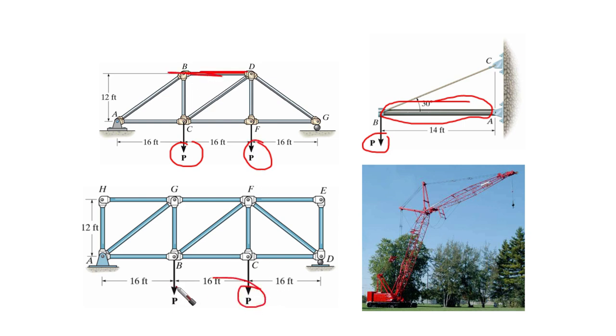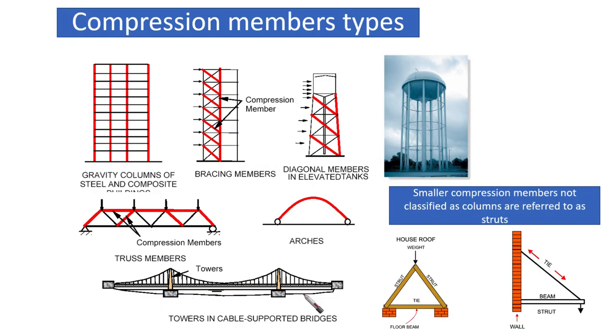Similarly, as we said in the previous slide, if we have loading here, we are going to have some elements under compression, as you can see. Also, I mentioned the towers of cable supported bridges. We consider them as compression members. Okay.